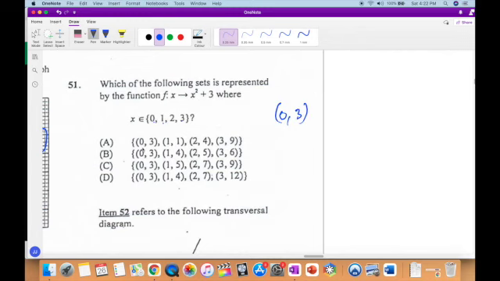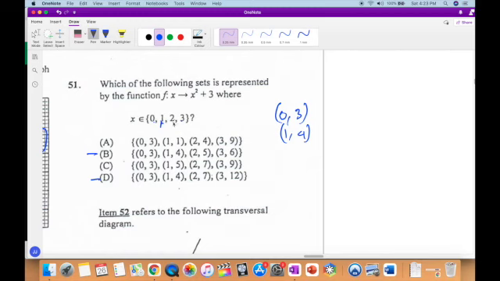I see all of them have that as the first point. When x is 1, y will be 3 plus 1, which is 4. I've seen that only B and D have that. So I've narrowed it down.